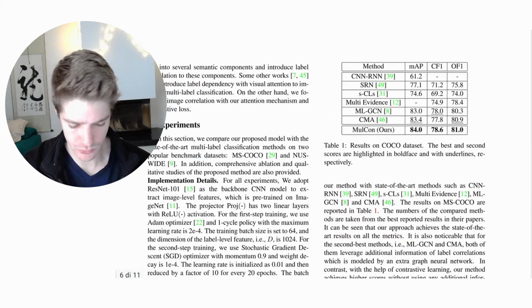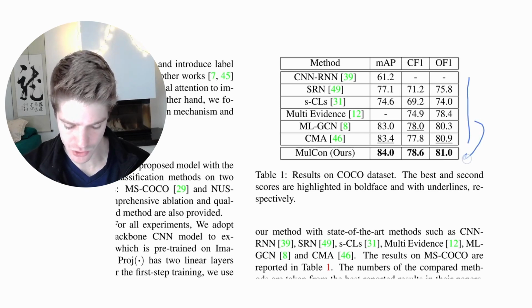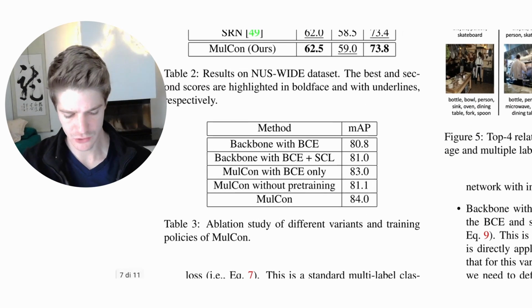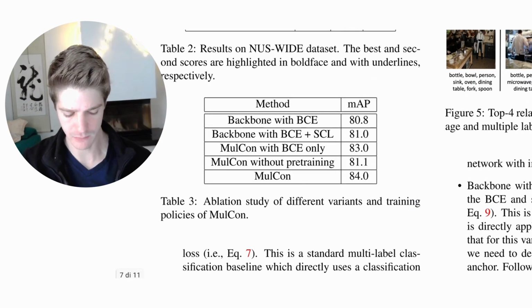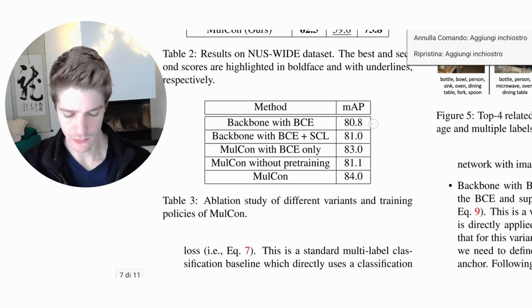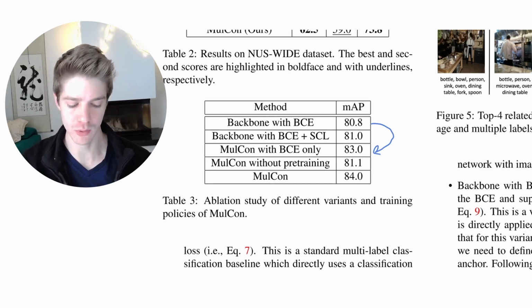Okay, going back to the results, you can see here, for example, that MulCon outperformed other approaches. But what I think is most important is to show you these results, an ablation study of their architecture. You can see that just the architecture outperformed the backbone just trained with binary cross entropy.